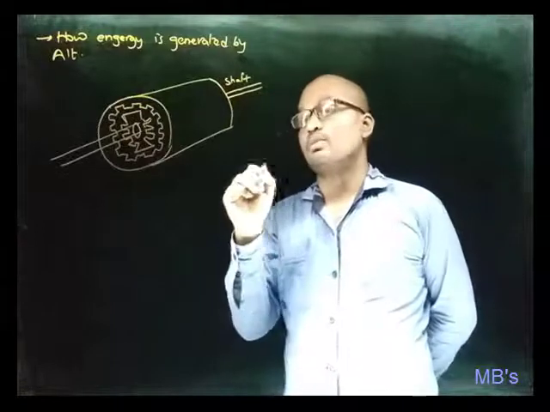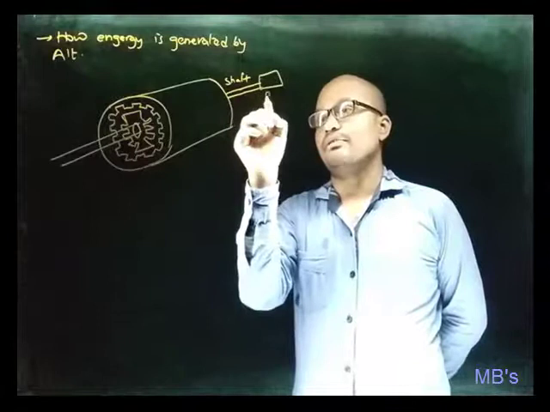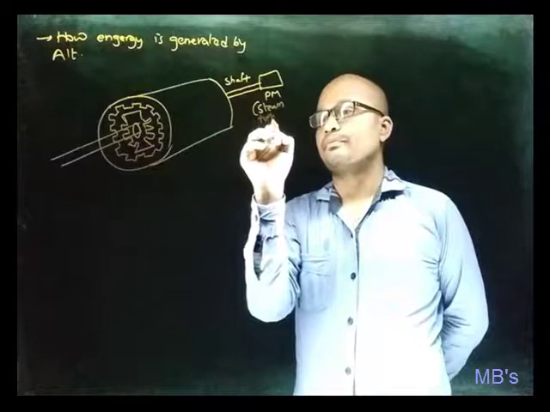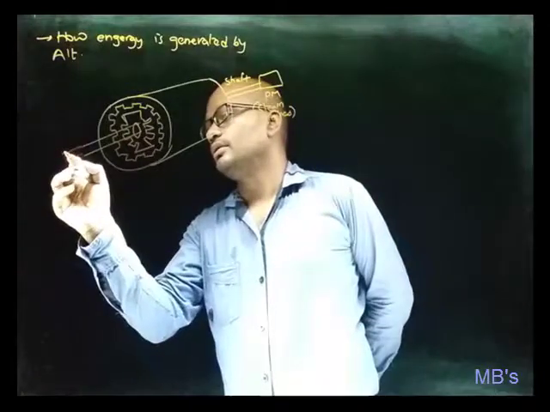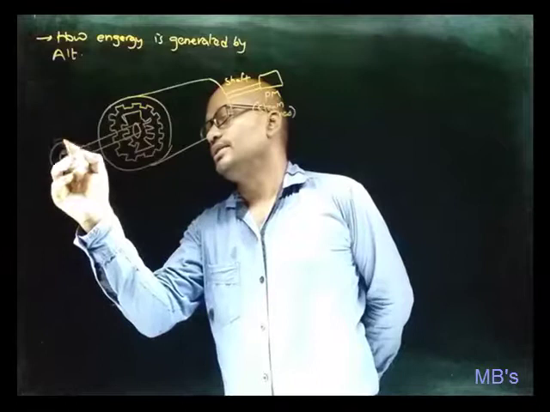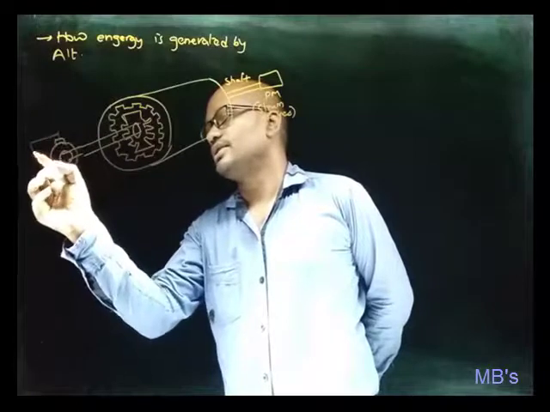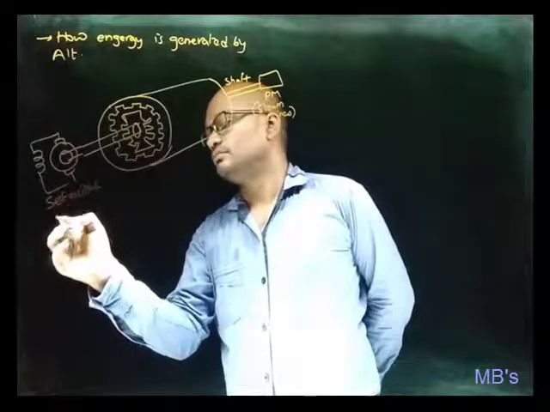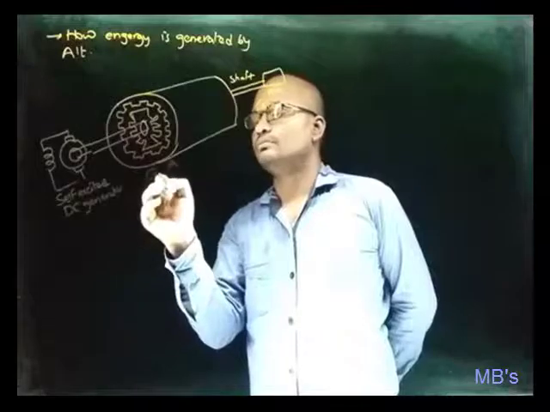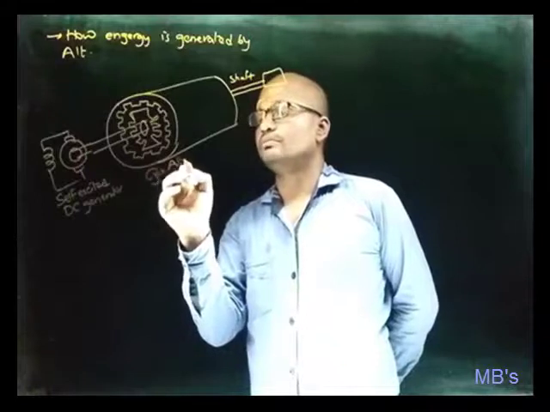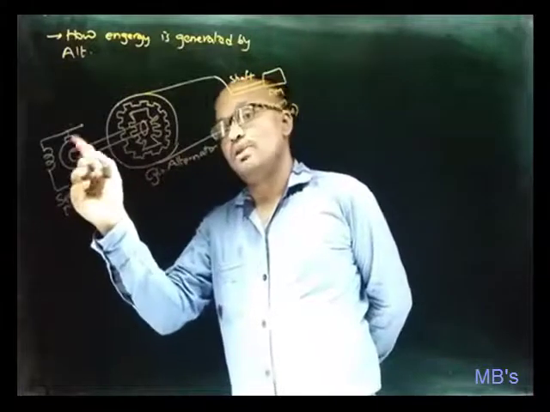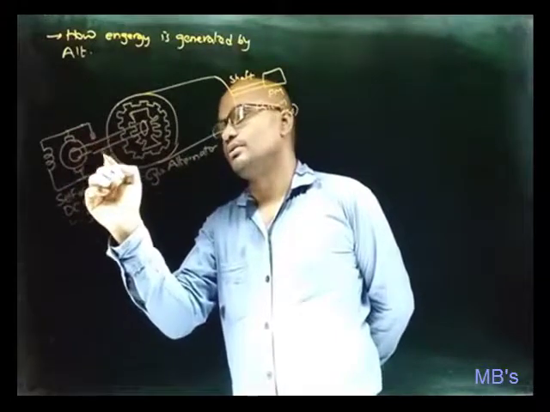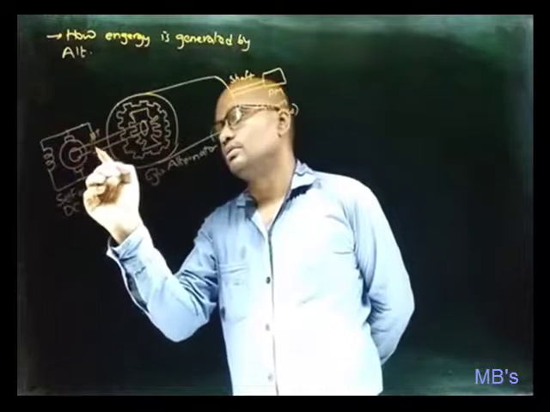And in power plants, the alternator input is given by a prime mover, which is usually a steam turbine, and to the same shaft a DC generator is coupled, which is a self-excited DC generator, along with our cylindrical rotor alternator, and the DC output from this is given to the rotor through slip rings.